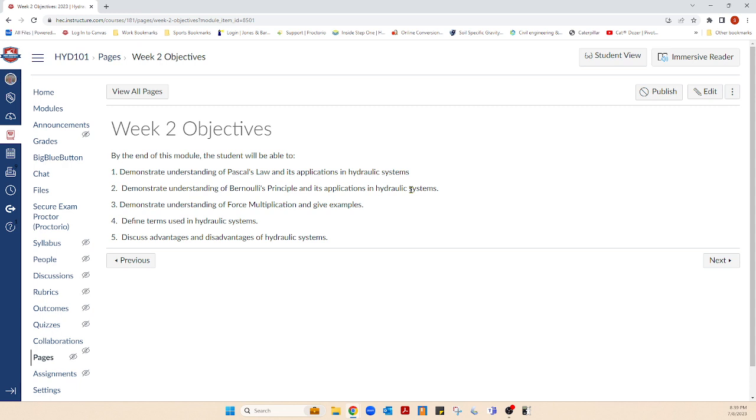Resistance was a piston in our case. Now think about a garden hose, and there's a pretty in-depth explanation in the rest of module 2 about Bernoulli's law. You put your thumb over part of a garden hose, and what happens? You decrease the flow, but you increase the pressure. You know how it streams out.